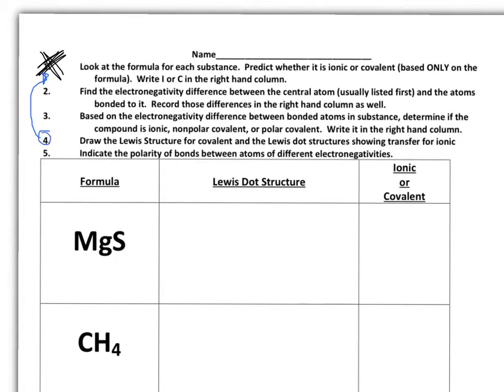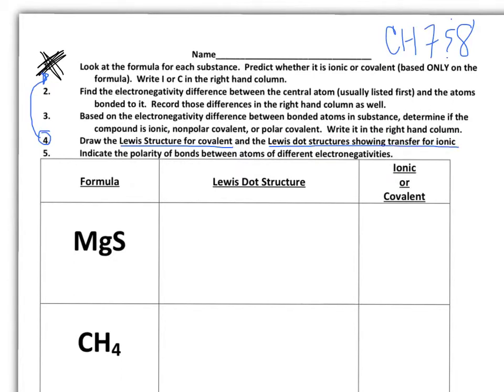And this is from chapter 7 and 8, okay, because some of it is ionic and some of it is covalent. And the first thing that we are going to do is draw the Lewis structure for covalent and the Lewis dot structure showing transfer for ionic, okay?